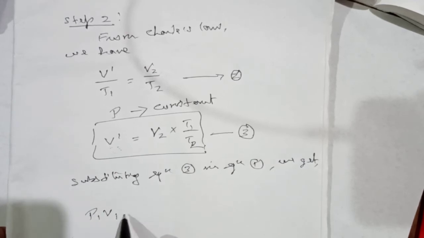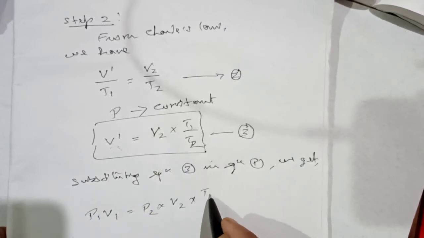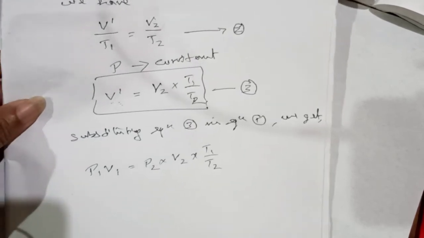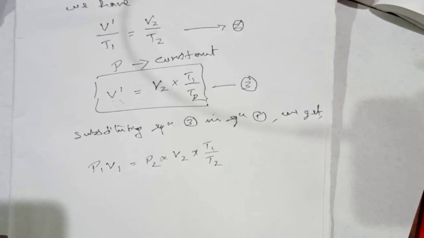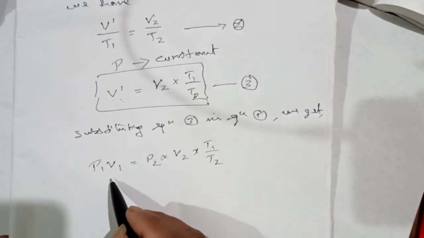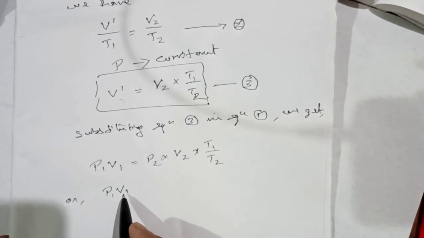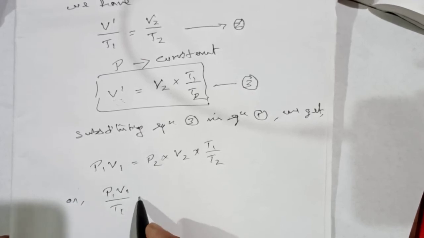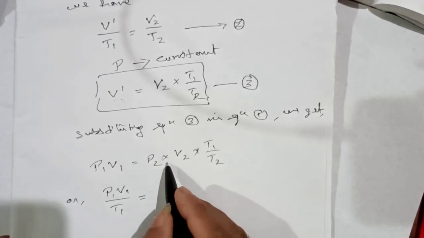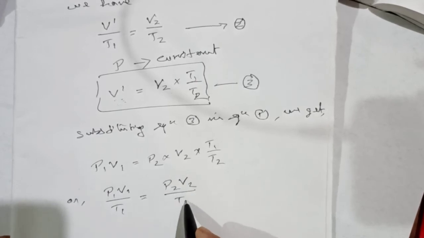P1 V1 equal to P2 into V2 into T1 by T2. Now this T1 will come down, so P1 V1 by T1 equal to P2 V2 by T2.